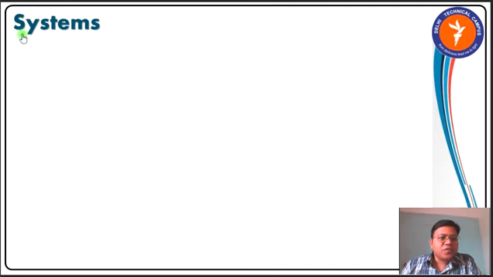If I ask you to define what a system is, then obviously something will come into your mind: that a system is a combination of physical components which performs a specific task.